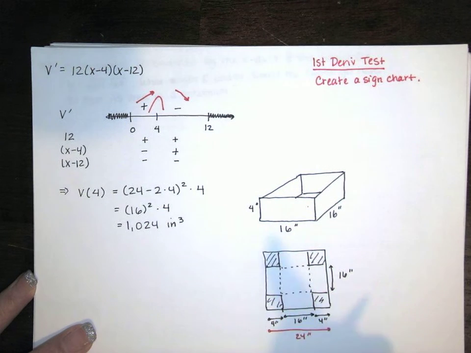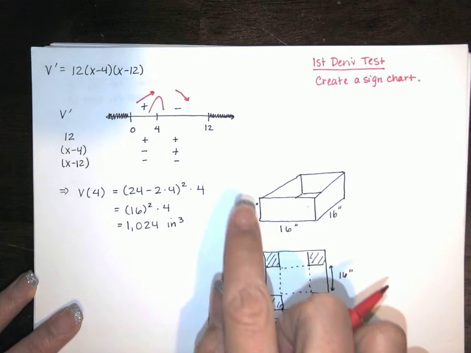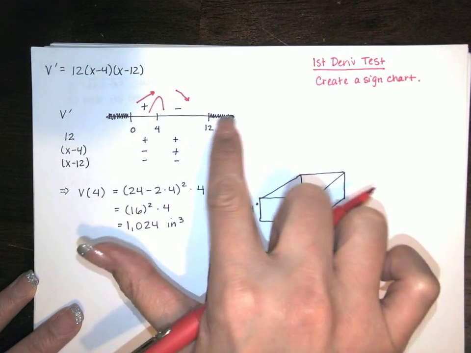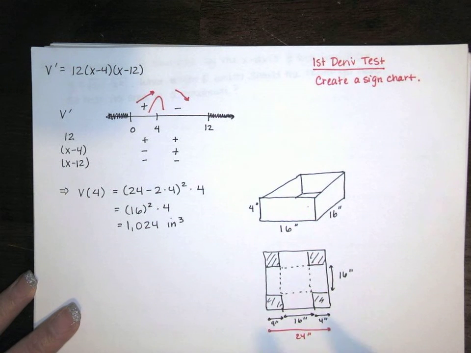We wouldn't have much left over. We wouldn't have any volume. So the largest x could possibly be, and even then we really wouldn't let x be that value, would be half of this distance, half of that length. Half of 24 is 12. So I knew that I really shouldn't consider any x values greater than 12, because I can't take out a 13-inch piece and a 13-inch piece from a piece of paper that's 24 inches in width.